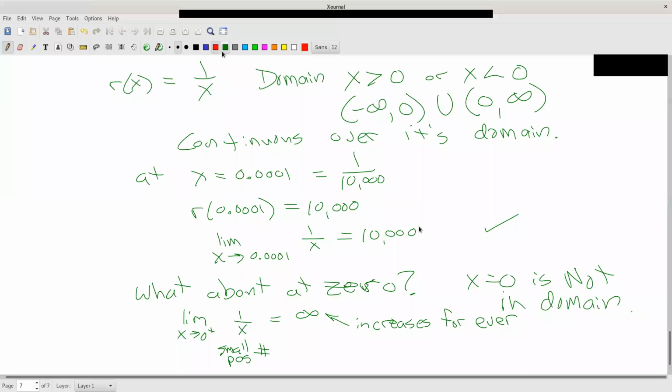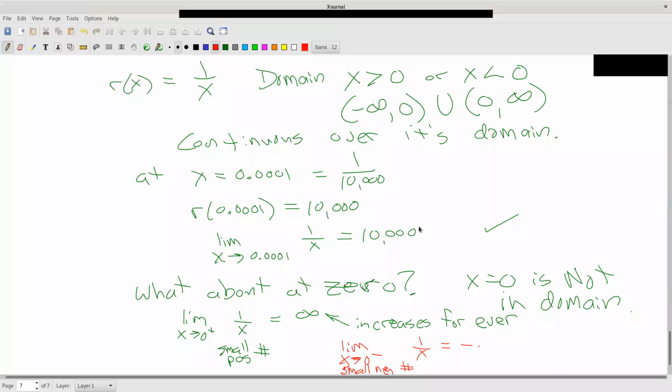And if I try to take the limit as x approaches 0 on the left side, that means I'm plugging in small negative numbers into 1 over x. And if you take the reciprocal of a small negative number, you get a negative number that's far from 0.